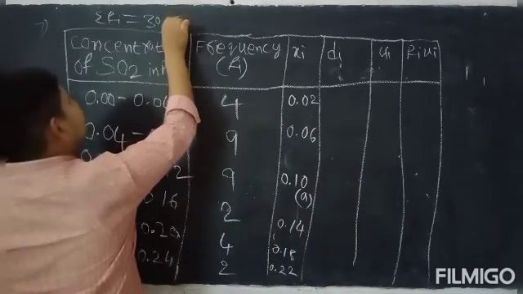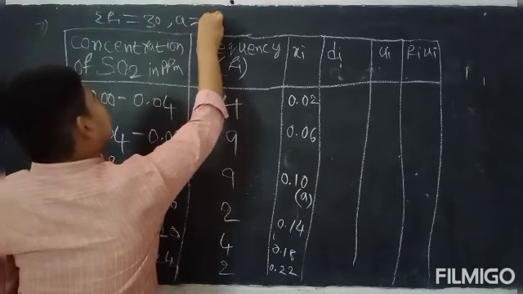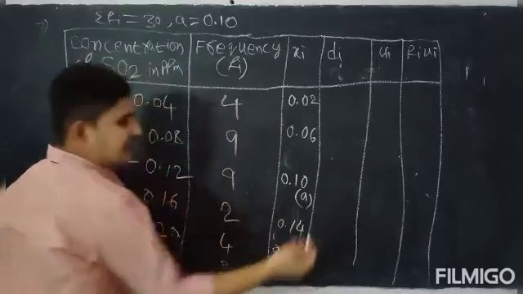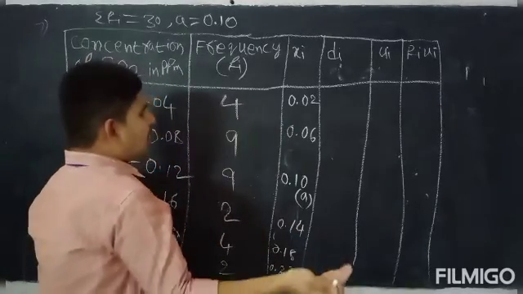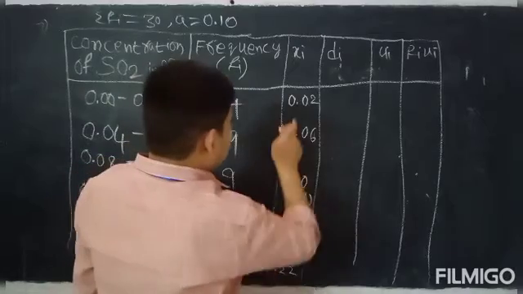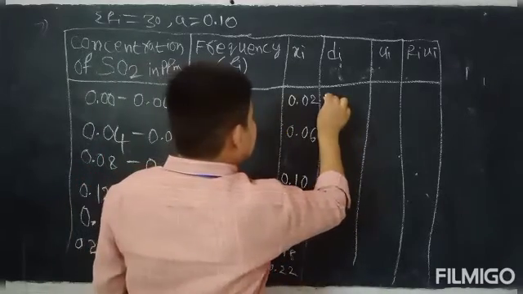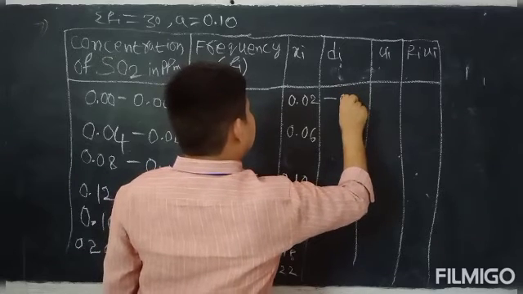Okay, so what is A? A equal to 0.10. Okay, now Di equal to X minus A. So 0.02 minus 0.10, minus 0.08.